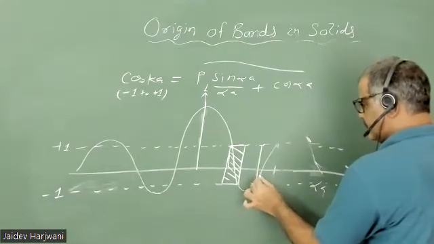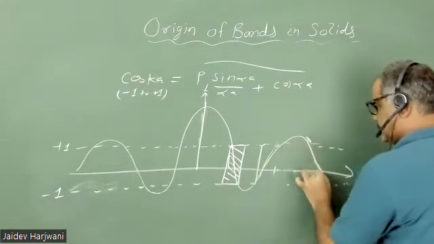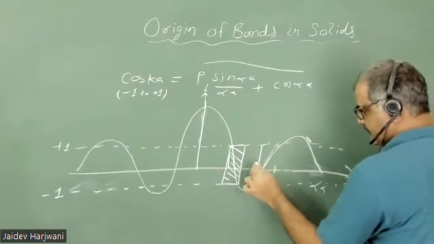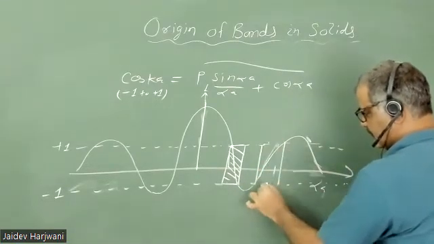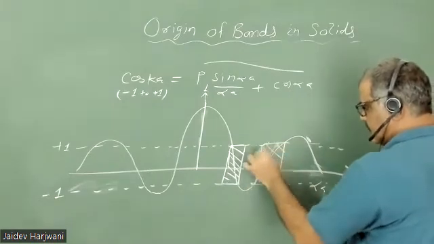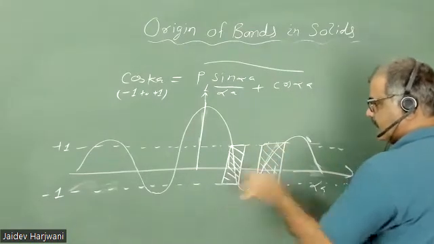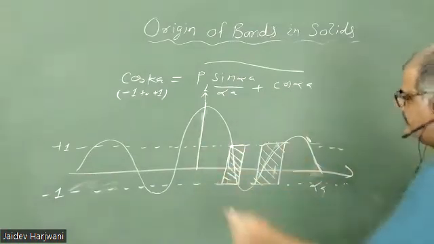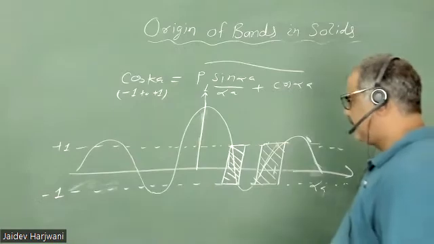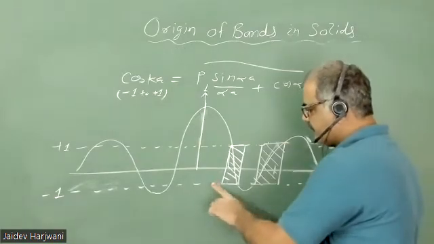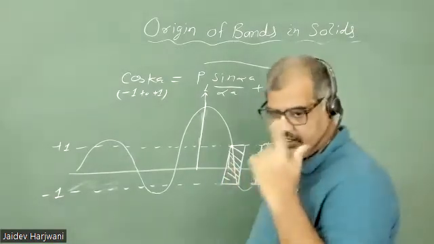If I draw this one here, it touches here and then here, so this is again my allowed value. Similarly the same thing happens. So what it shows is that only certain values of energy are allowed.